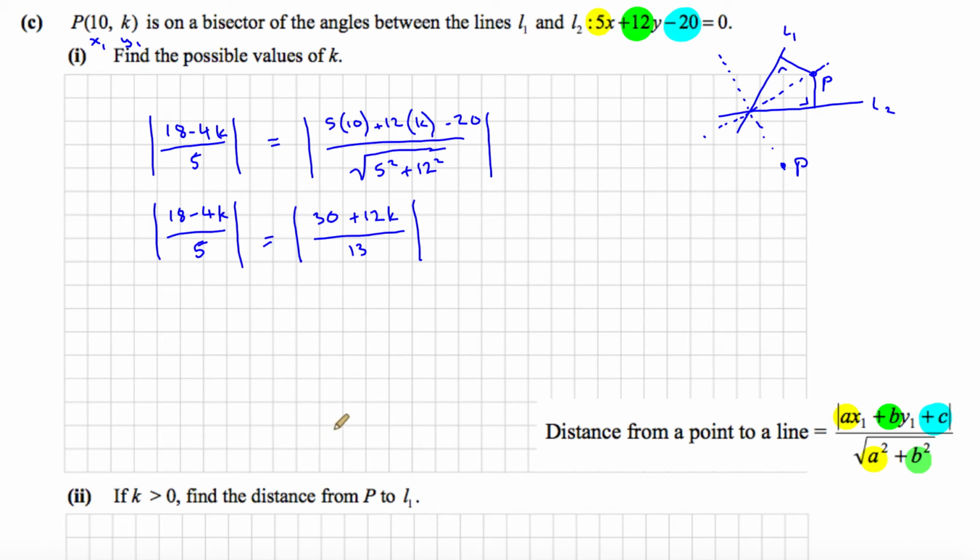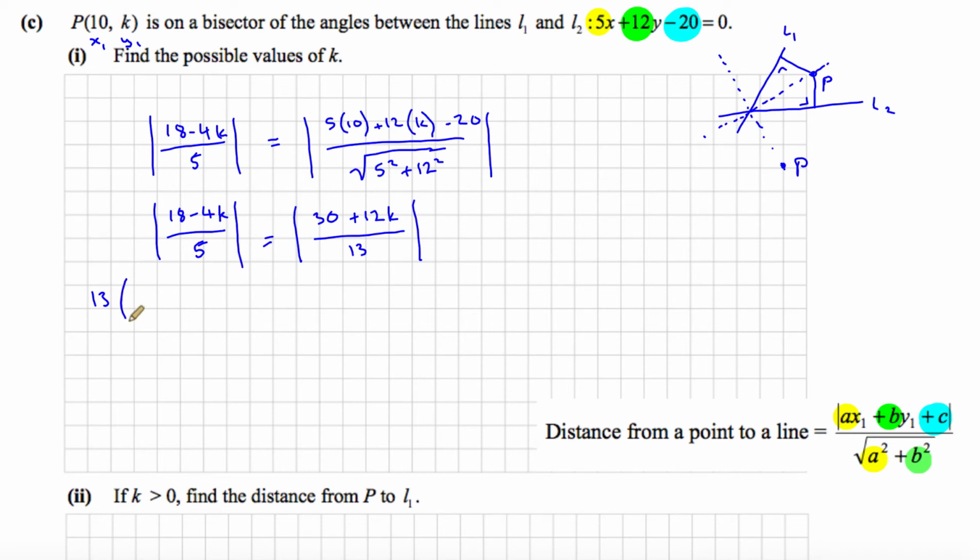Now, just be careful here. Because it's the modulus of something equal to the modulus of something else, you have to account for the possible positive or negative aspect of that. So this is a fraction equal to a fraction, so we're allowed to cross multiply here. But as we cross multiply, we have to take into account the positive, negative aspect of the modulus.